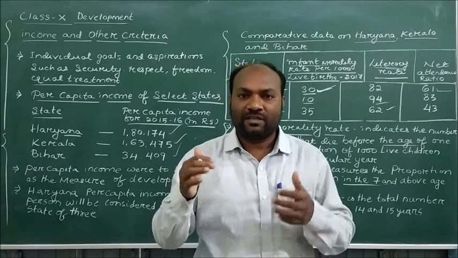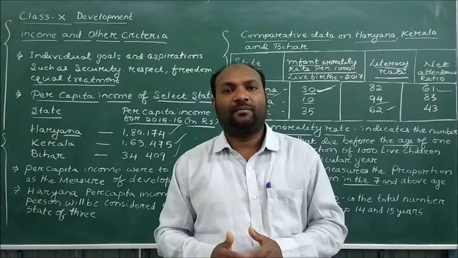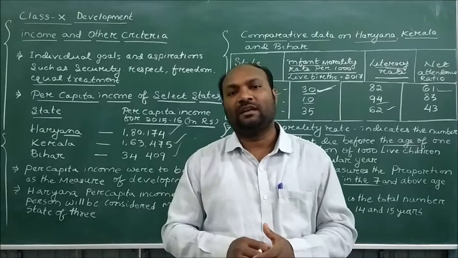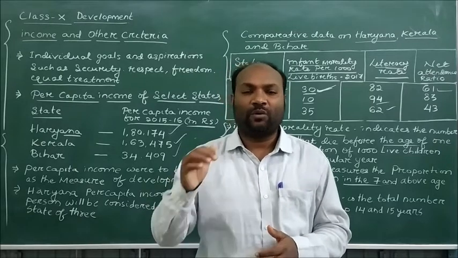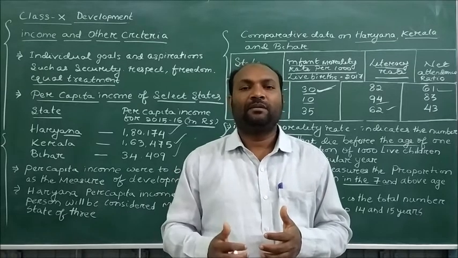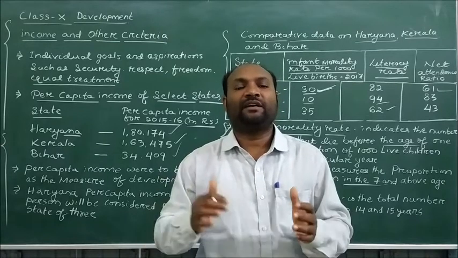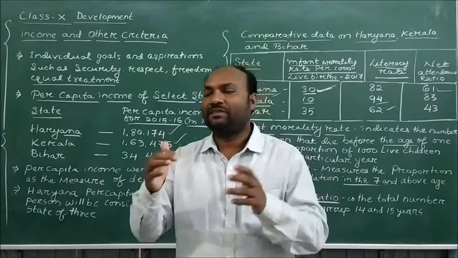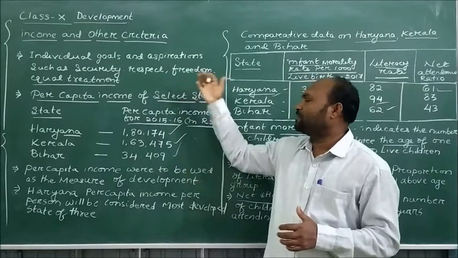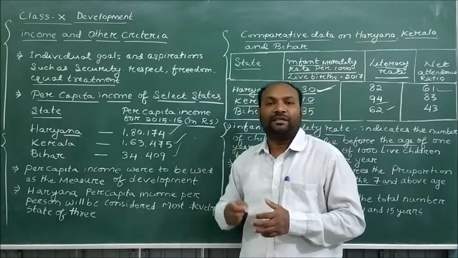So students, when we are trying to have better income in life, in spite of that we are trying to achieve other goals in life. They are such as equal treatment, dignity in life, freedom in life, better working conditions, better facilities in our working areas, and at the same time we are trying to achieve security in life, respect for life, and a better atmosphere for the family.